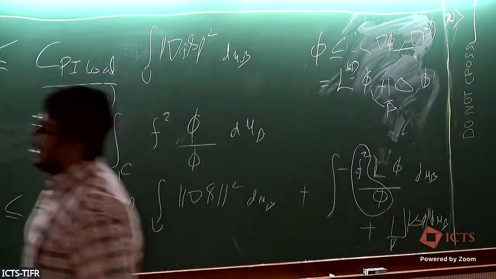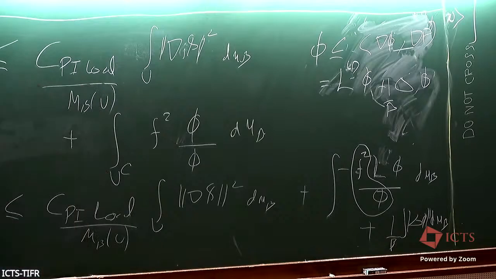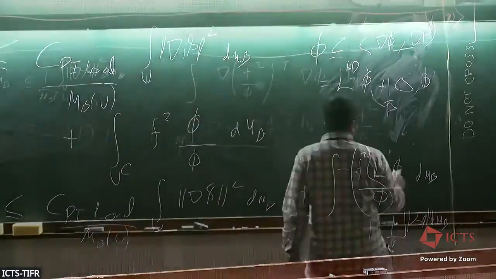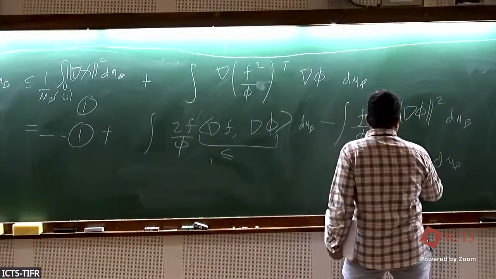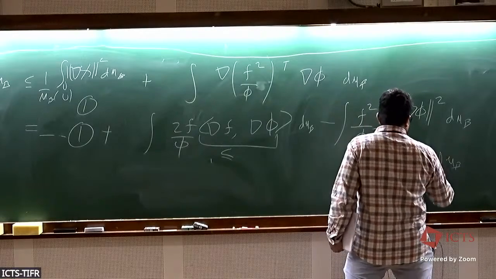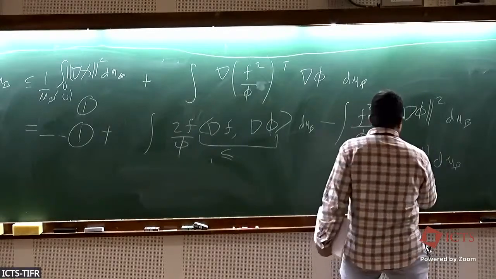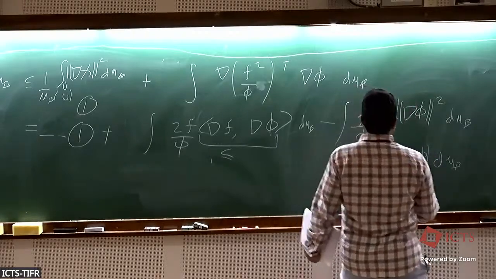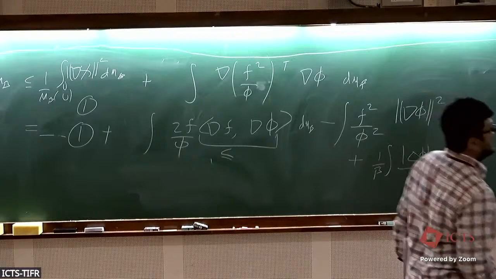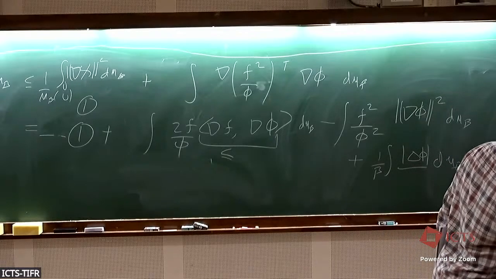And now I plug that back in here. So I have one extra term here, which is plus integral d mu beta, and then I have a phi divided by 1 over beta. Actually there's no division, I think. There's f squared, sorry.